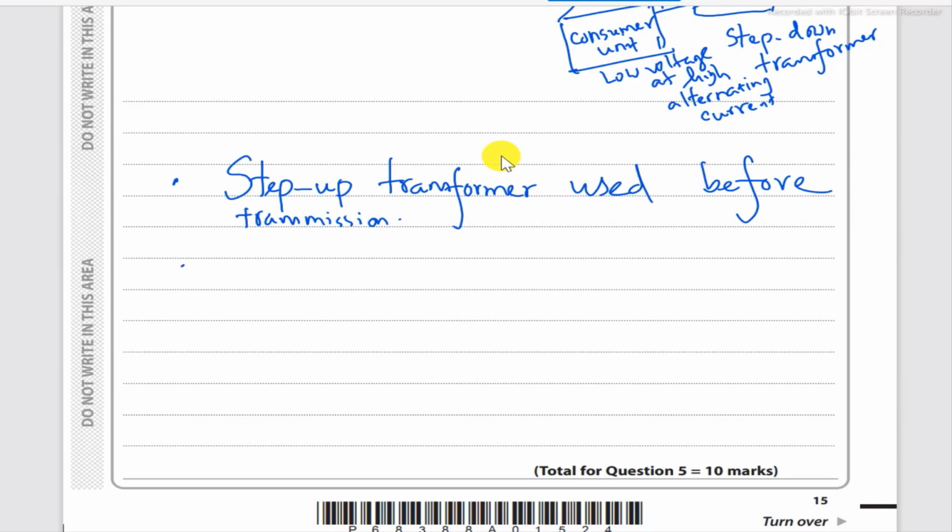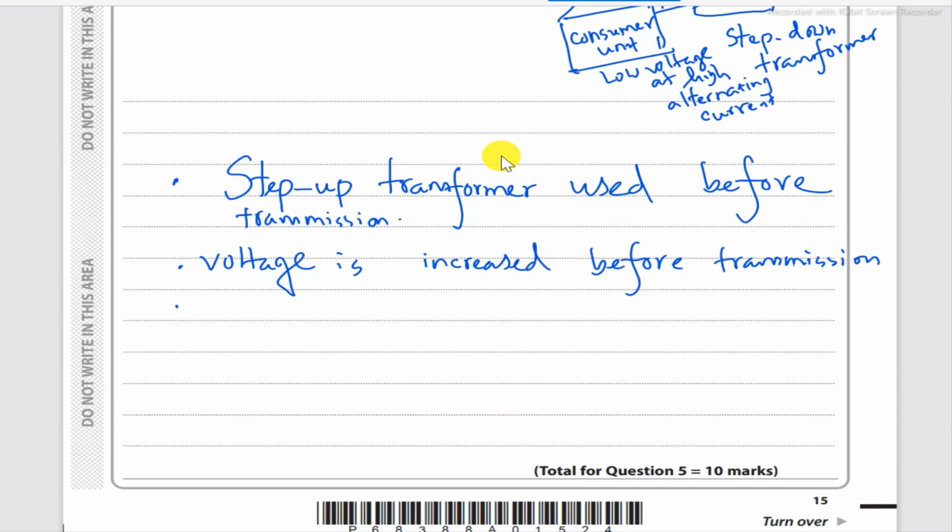Voltage is increased before transmission. Current is reduced before transmission.